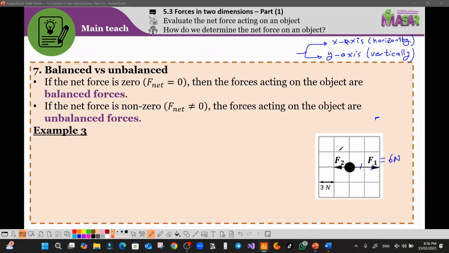And for F2, we have 3 Newton because it consists of one grid times 3. Now, if we add them together, we will get 6 plus 6 minus 3, and the answer is plus 3 Newton. Now, this represents the F net. The F net, as we can see here, is not equal to zero, which means the forces are unbalanced.